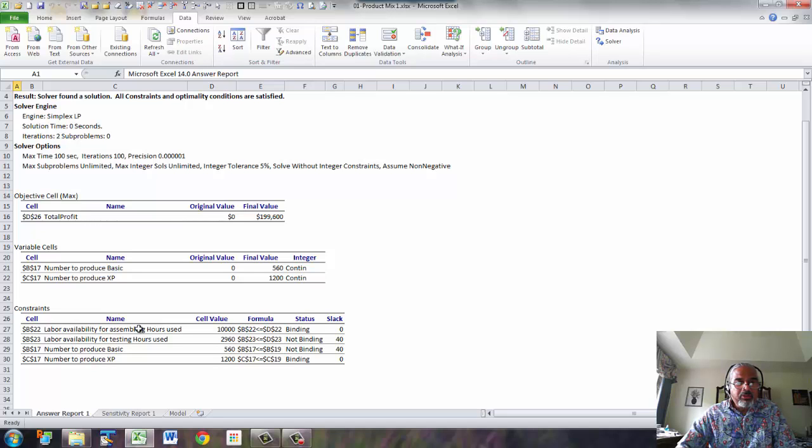You see, labor availability assembly is binding, slack is 0. Labor for testing is not binding, slack is 40. Number to produce basic is non-binding, so slack is 40, and number to produce of XP is binding, so slack is 0. So that's what answer report is about.